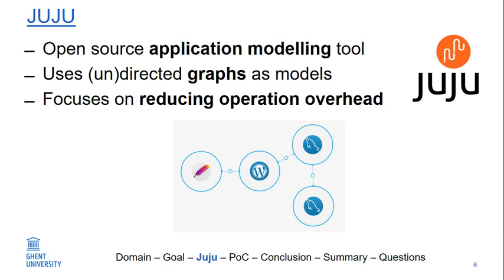We can discuss whether they are directed or undirected, but there are no arrows on the relations, so let's go with undirected. The main idea of these graphs is that each node represents an application, a service, and each relation shares knowledgeable information about these two services.